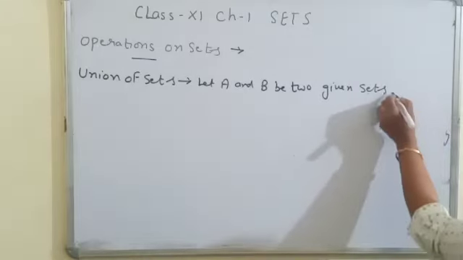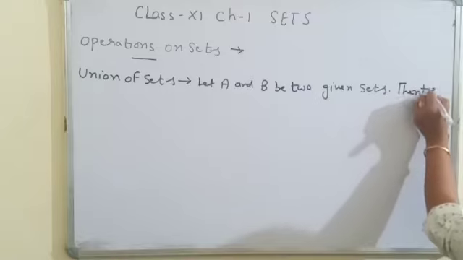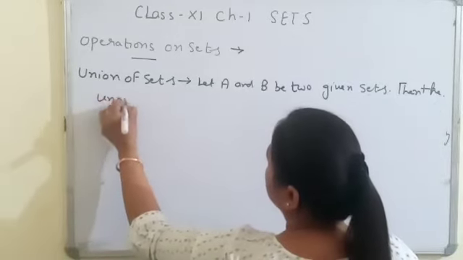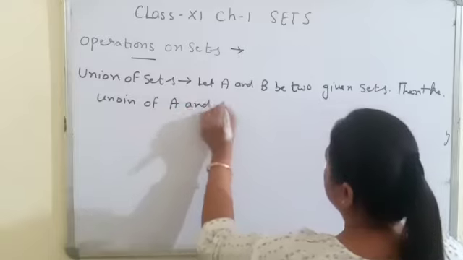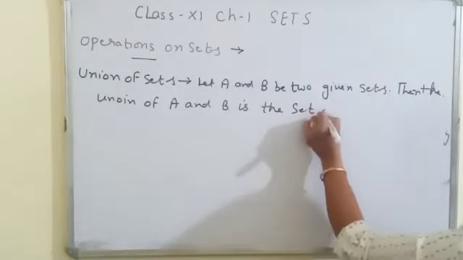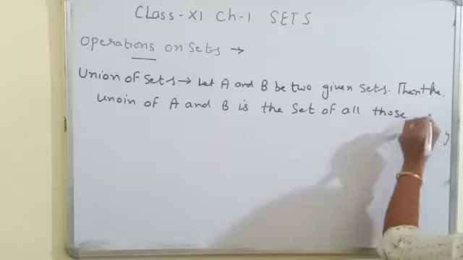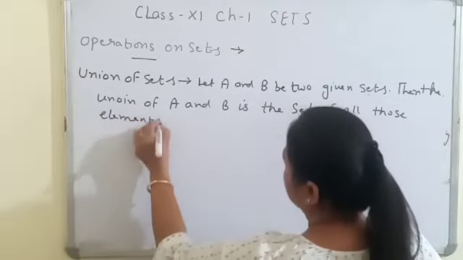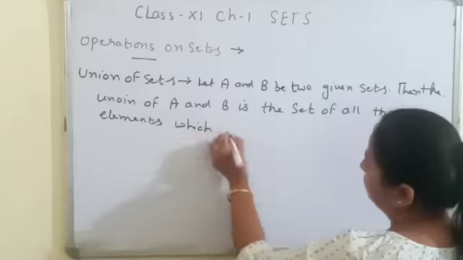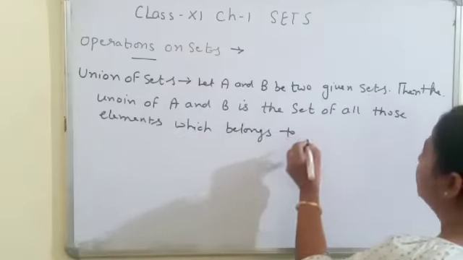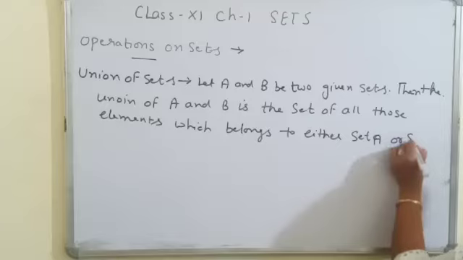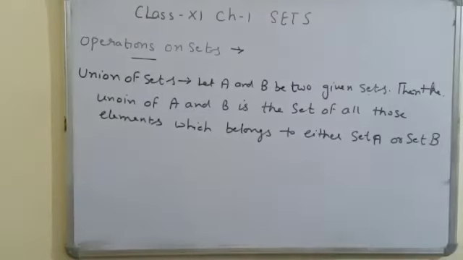Then the union of A and B is the set of all those elements which belong to either set A or set B. Yes, this is the definition for the union of sets.